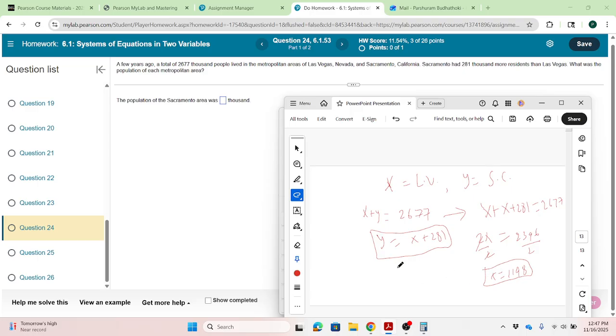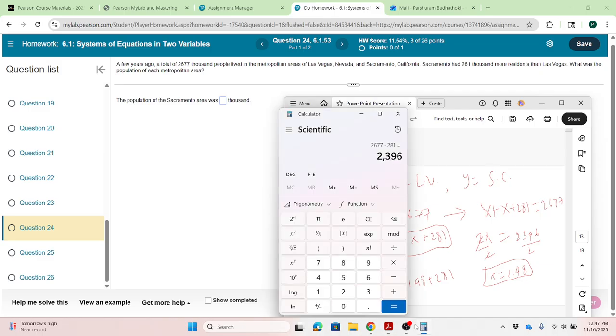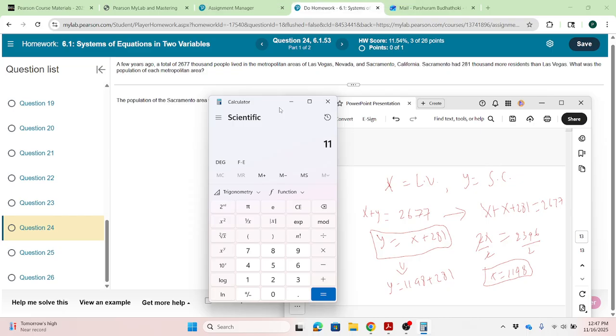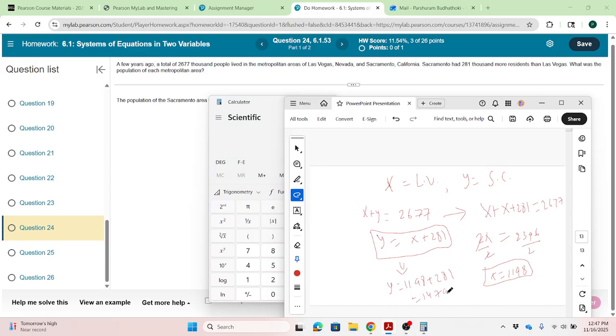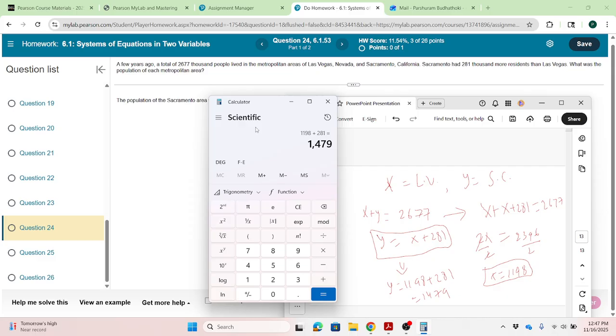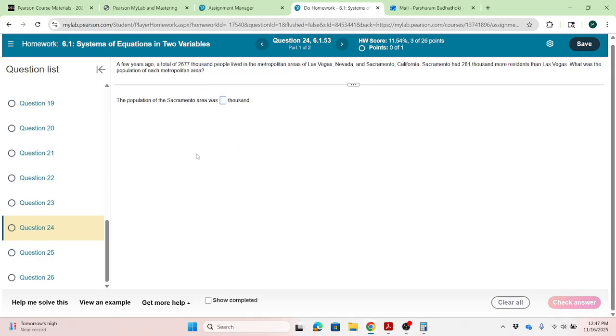And then what is Y? Y can be found using this relation. Y is 1198 plus 281, that is 1479. So what are the populations in those two metropolitan areas?